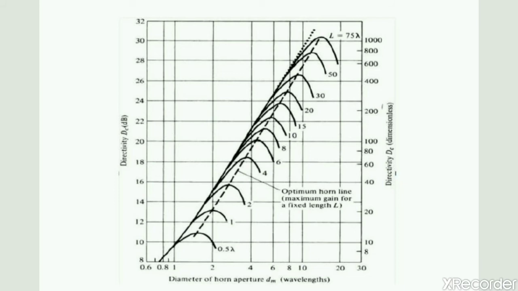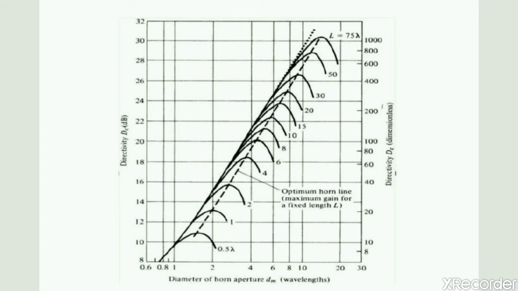So the directivity totally depends upon the diameter of the horn aperture, that is dm, and the axial length capital L. These are the values of axial length: 0.5 lambda, 1 lambda, 2 lambda, 4 lambda, up to 75 lambda. Also the directivity increases from 8 decibels up to 30 decibels. So this gives the relation between directivity and the diameter of horn aperture with increasing length capital L, which is nothing but the flaring length.